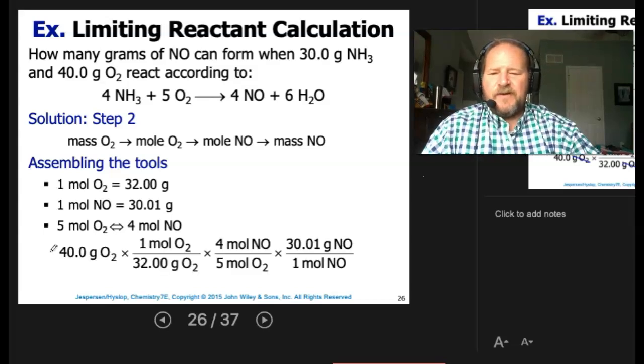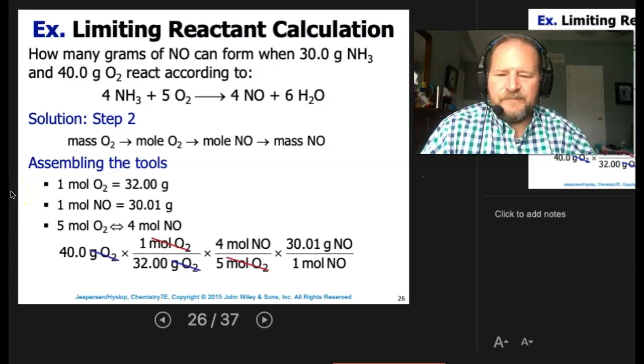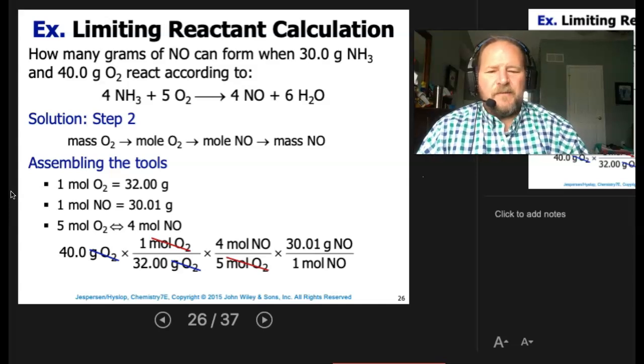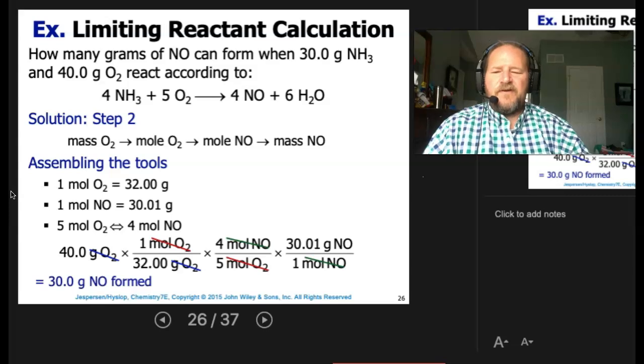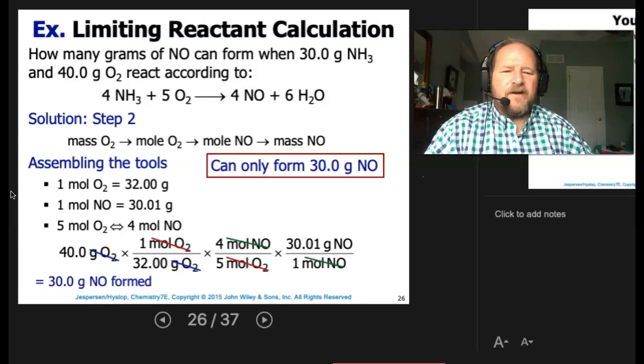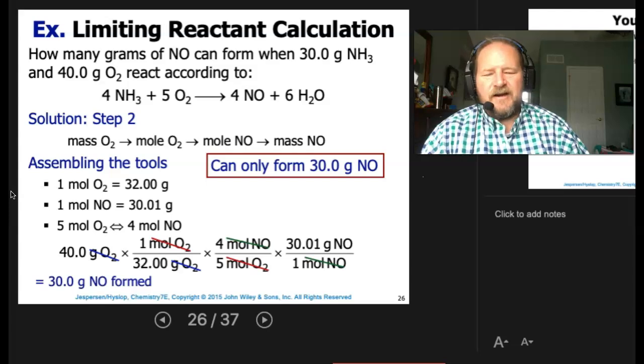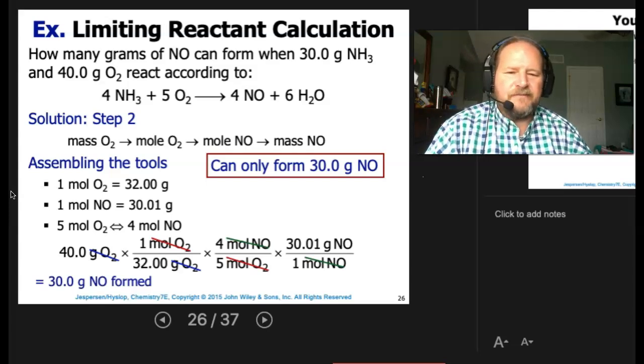So now we're going to start with 40 grams of oxygen. We're going to divide by the molar mass. Then we're going to multiply by our balanced chemical equation. And then we're going to multiply by the molar mass for the NO. At that point, we know we form 30 grams of NO, which means we can only form 30 grams of NO. So once we've made 30 grams of NO, we've now run out of oxygen. There is no more oxygen in there, and we're going to have excess ammonia.